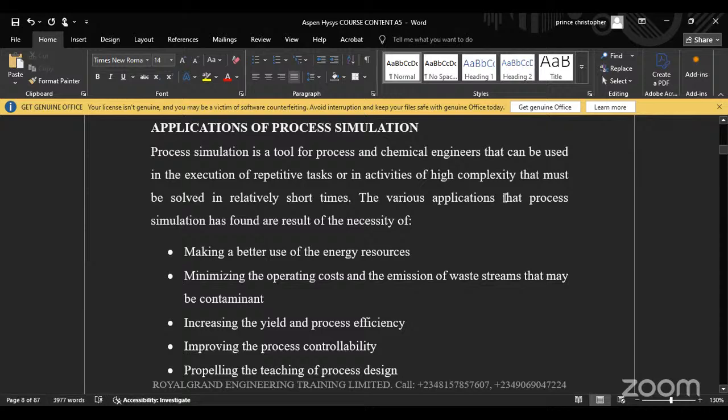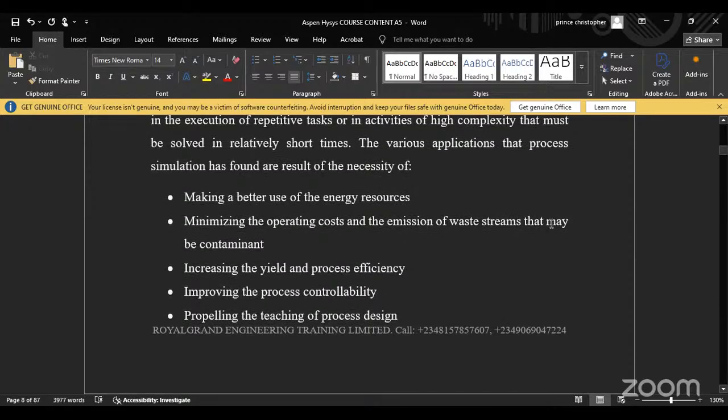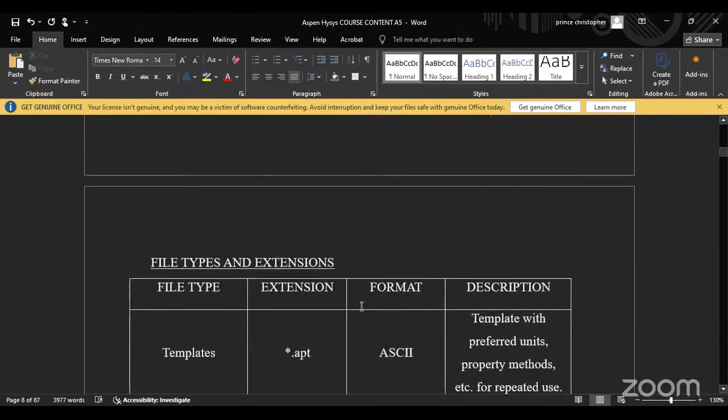The various applications that process simulation has found are the result of the necessity of making better use of energy resources, minimizing the operating cost and the emission of waste streams that might be a contaminant, increasing the yield and process efficiency, improving controllability, and propelling the teaching of process design.